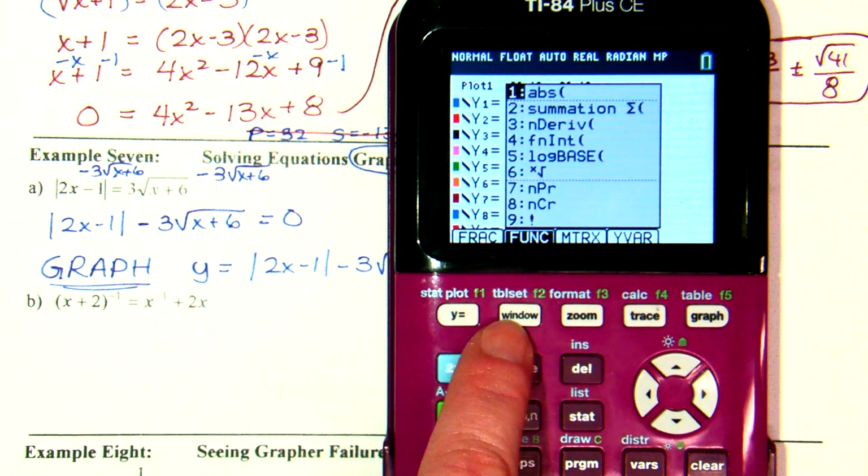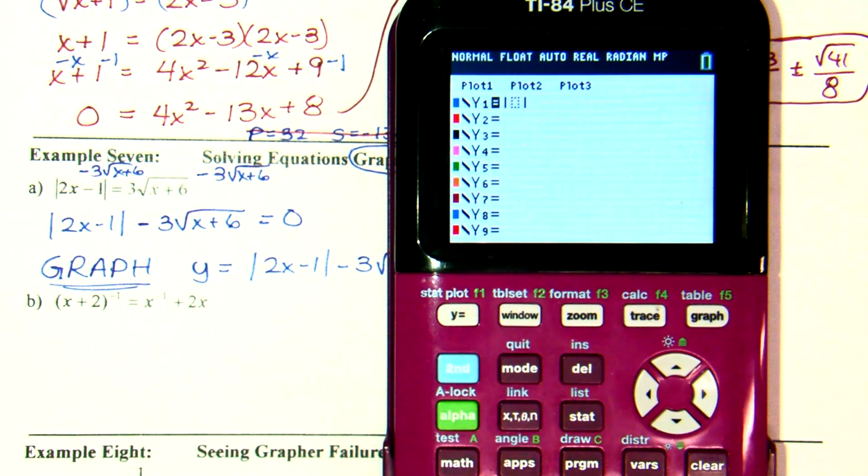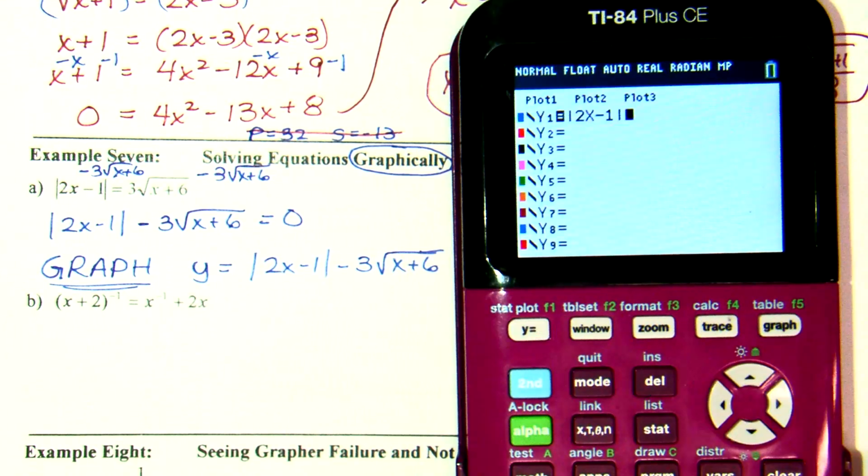Notice, what's the top shortcut? Abs. Now, on my calculator, I type abs, and it gives me bars. On some of the older style calculators, it might do ABS and then parentheses. And actually, if it works like that, I might be able to update your thing.